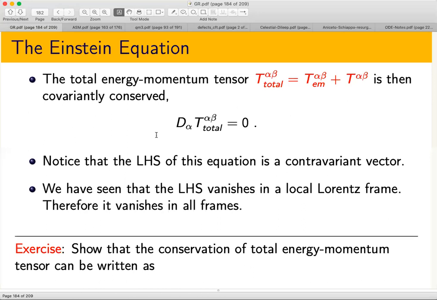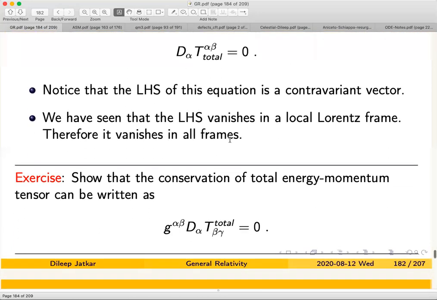So we derived that energy momentum tensor in the last class, and we said that the total energy momentum tensor, say for a charged particle, would involve the energy momentum tensor of the electromagnetic field plus the energy momentum tensor of the charged particle, which is of course a covariantly conserved quantity.